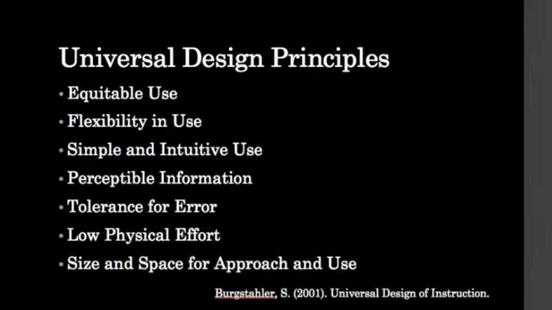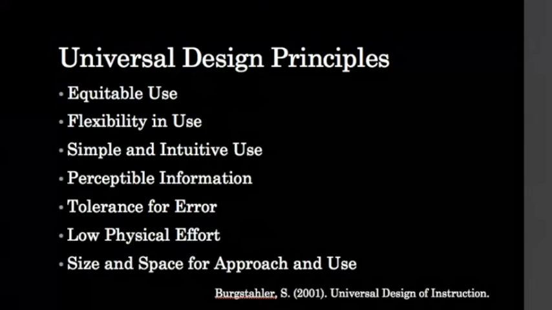Now, the universal design principles follow these simple rules: equitable use, flexibility in use, simple and intuitive use, perceptible information, right? That's that access to info we're talking about. Tolerance for error, right? My son getting locked out of the iPad and me losing everything.